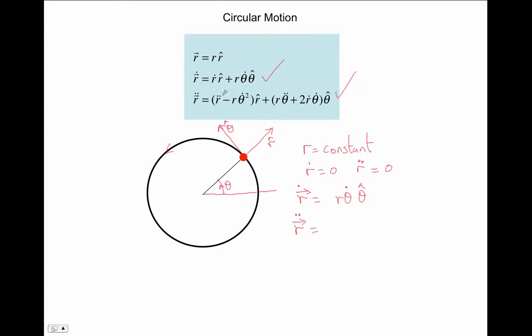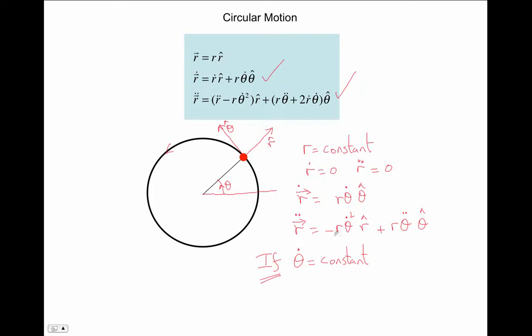The rate of change of the length will be 0. So what we have is minus r theta dot squared in the radial direction, and then r theta double dot in the theta direction.